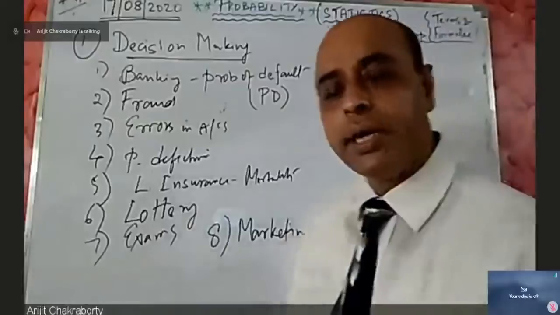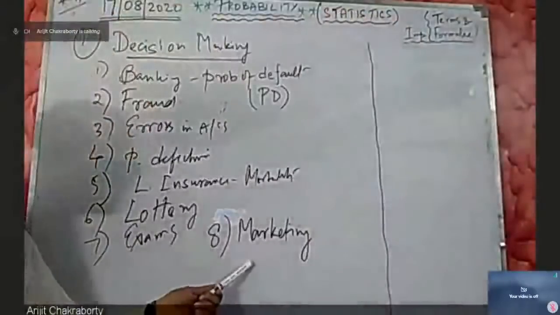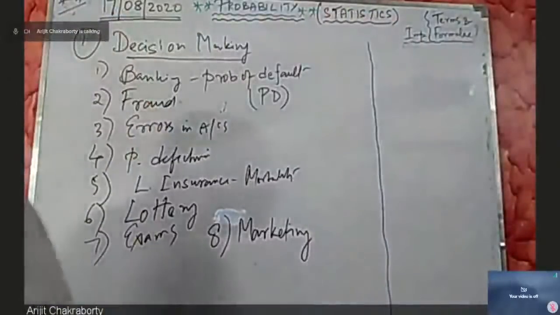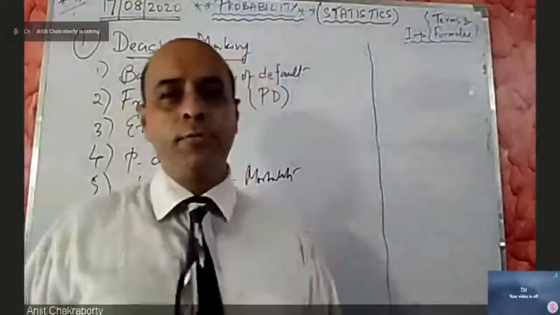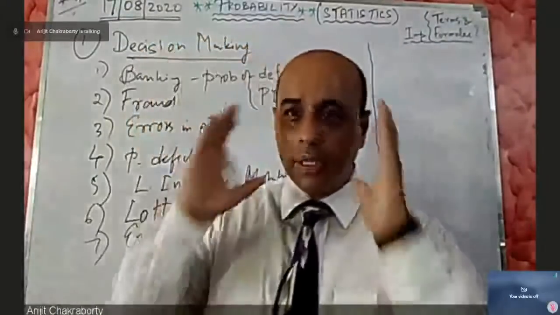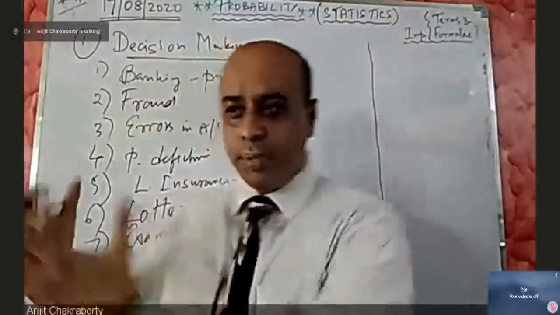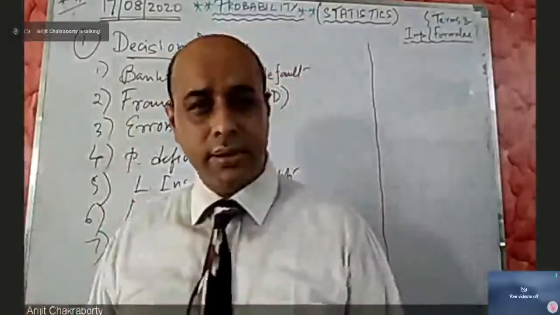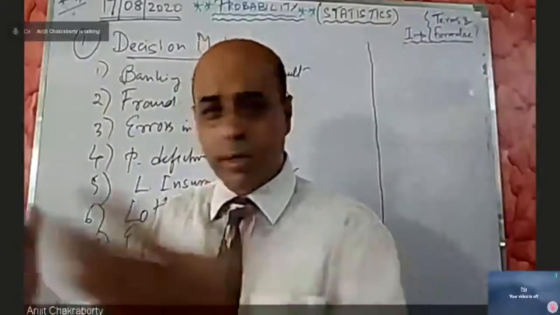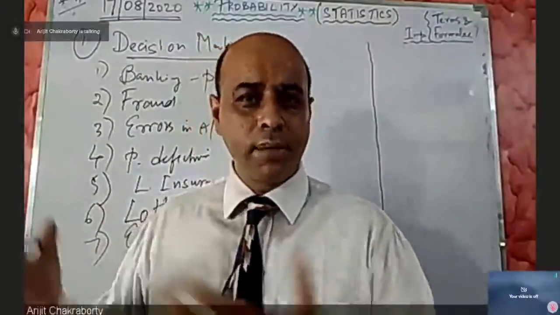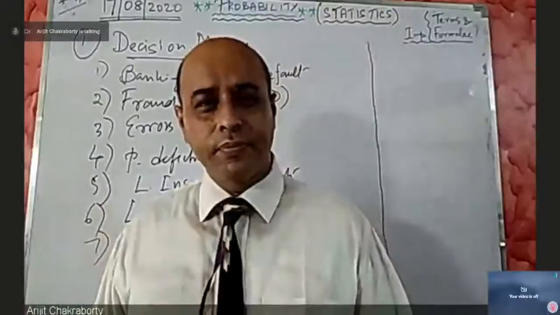Even in marketing, you will be surprised to know that probability is used because for launching any new product, the company puts in a lot of thoughts. The company puts in new ideas. The company gets a new brand ambassador. It can be SRK, it can be, for example, Big B, it can be anybody.